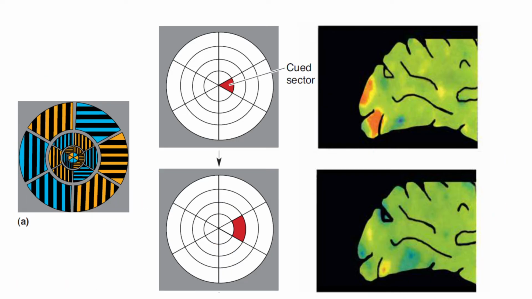And then we have this last image, which is kind of difficult to understand maybe, so I'm going to explain this one too. In this experiment they have one image on the screen similar to the one that appears above the letter A, and there are many places to which the subject can pay attention.